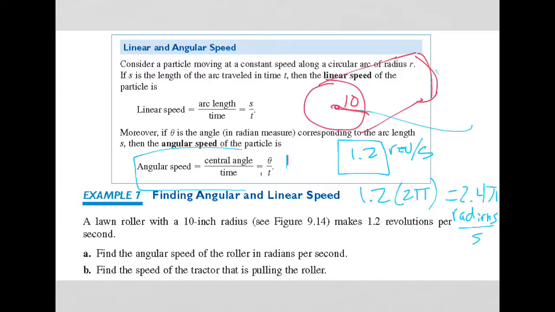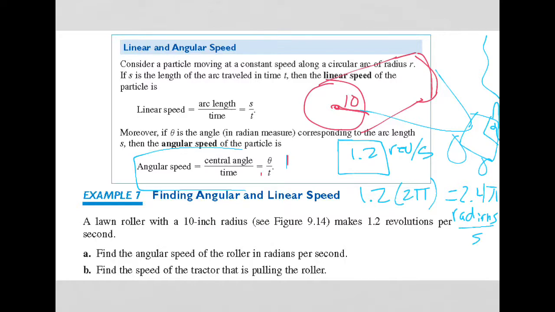And if we then wanted to know the speed of the tractor that is pulling the roller, I guess there's some tractor here pulling it. That is a tractor. Take my word for it. And we want to know what the speed of that is. Well, that's going to correlate to the linear speed. How quickly is that thing rolling along the ground? And so to figure that out, we need to figure out the arc length, which is similarly going to be 120% of a full revolution. And we need to take that and divide it by the time.